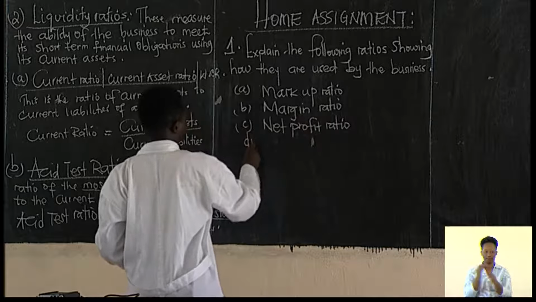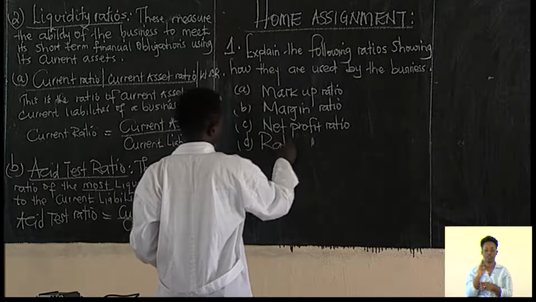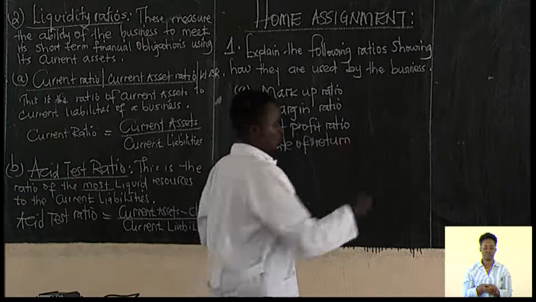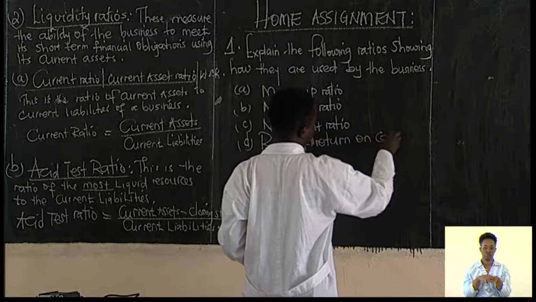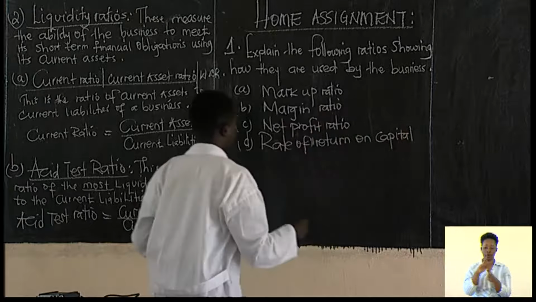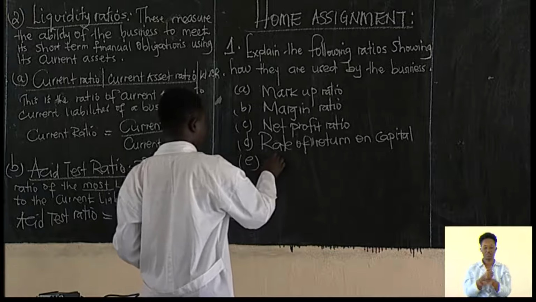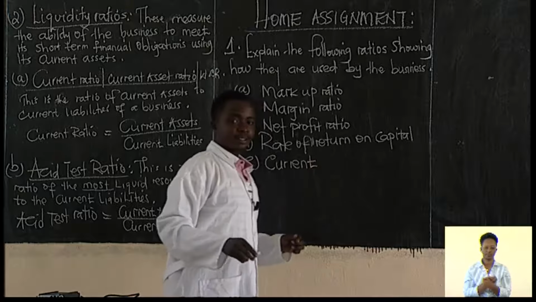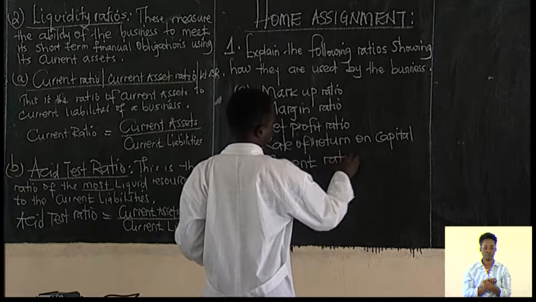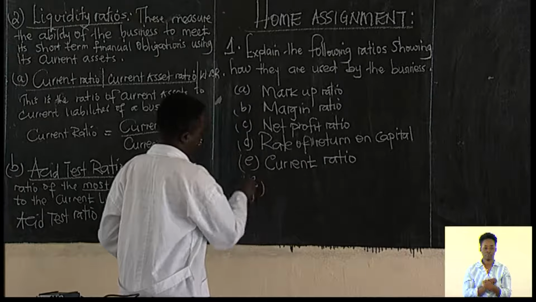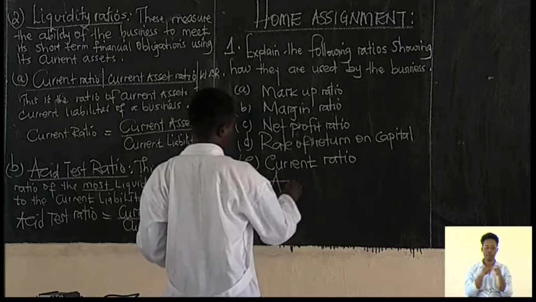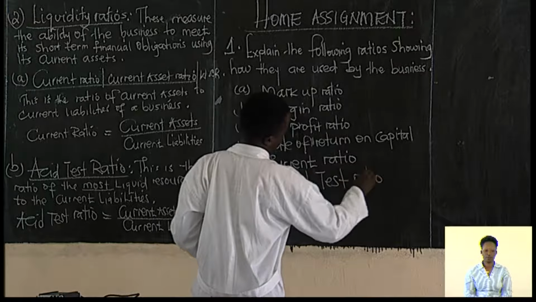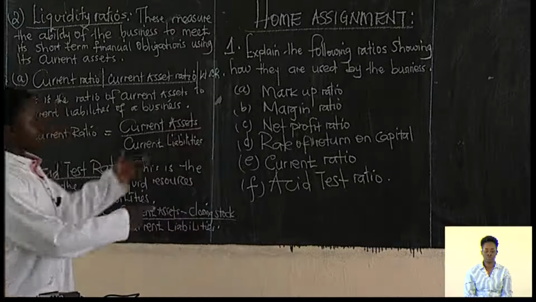Then I want you to talk about the rate of return on capital employed or capital invested. Then talk about the current ratio. Then I want you also to talk about the acid test ratio.